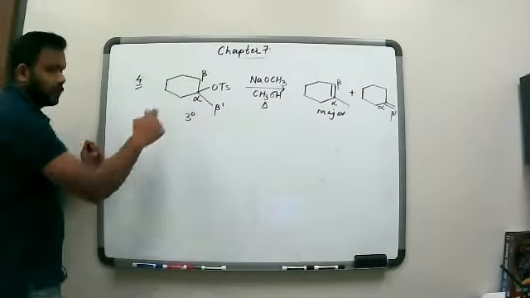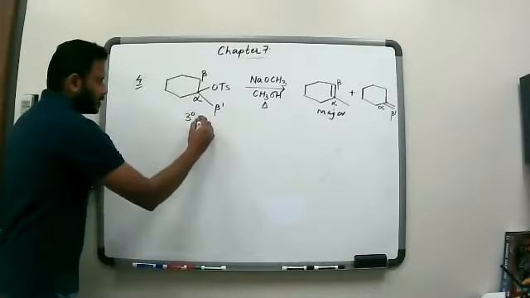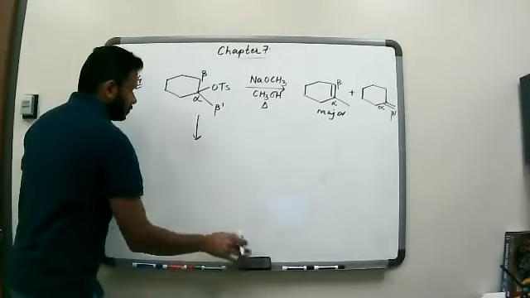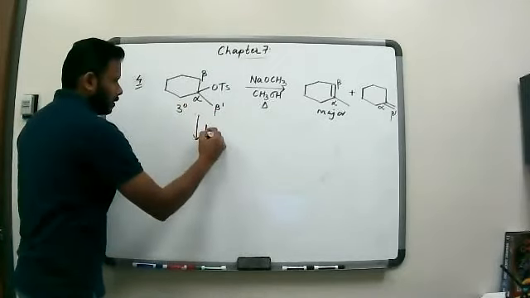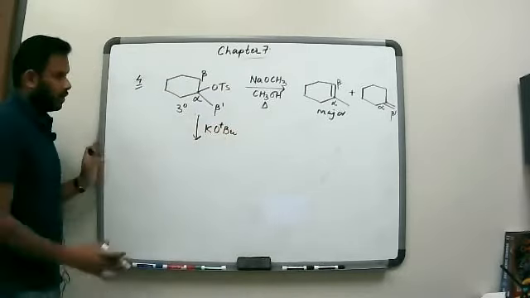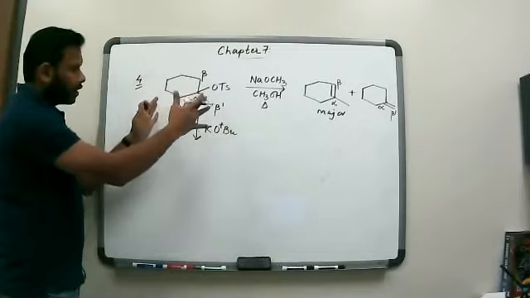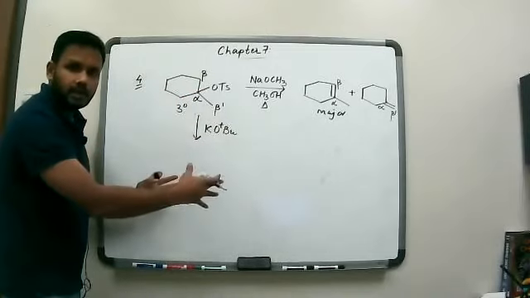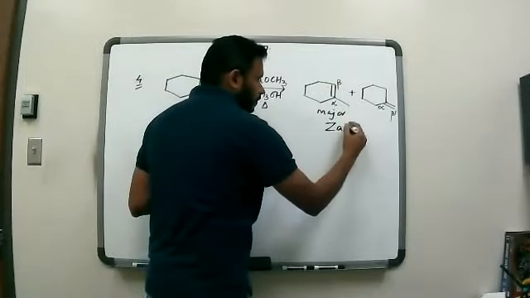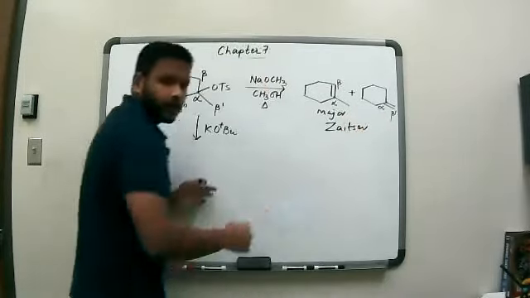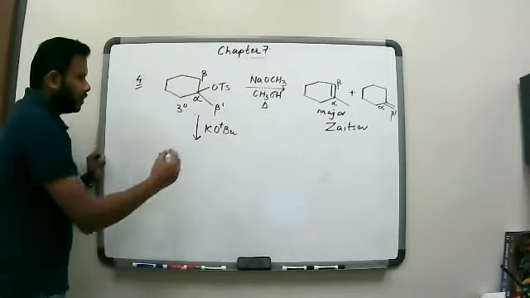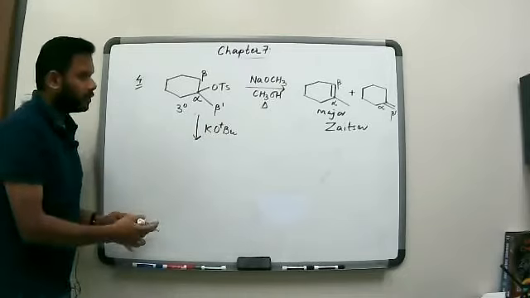For the same tosyl ester, if you react it with potassium t-butoxide, let's say, now we have a tertiary alkyl halide with a bulky base. The previous products were Zaitsev products, or Zaitsev elimination. With a bulky base, we are looking at a Hofmann elimination right now.